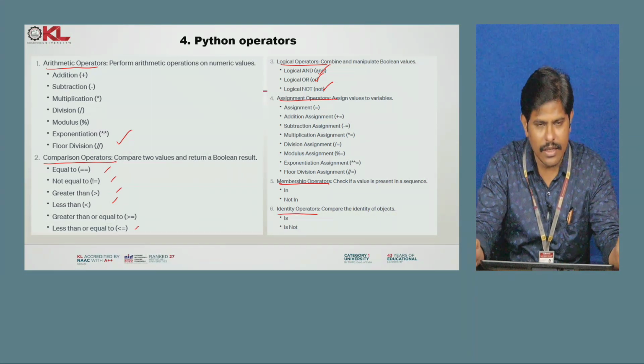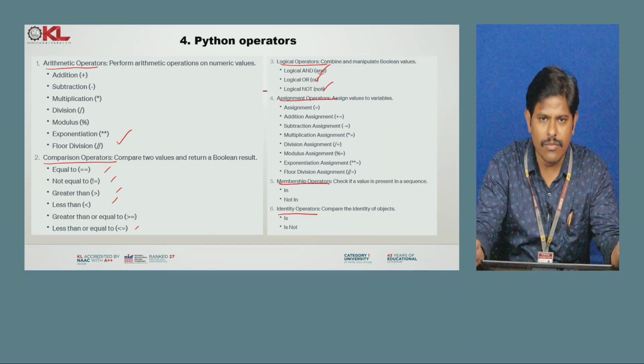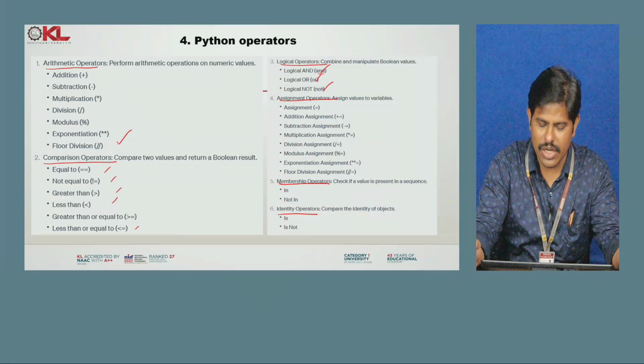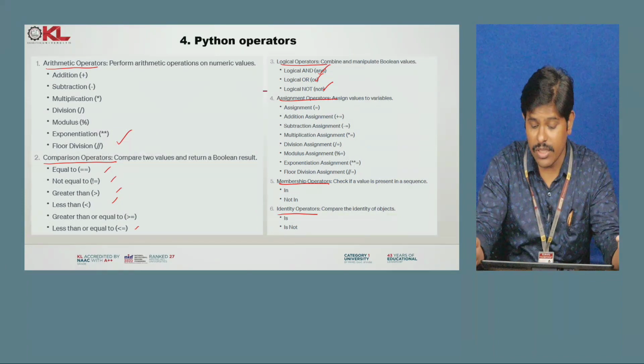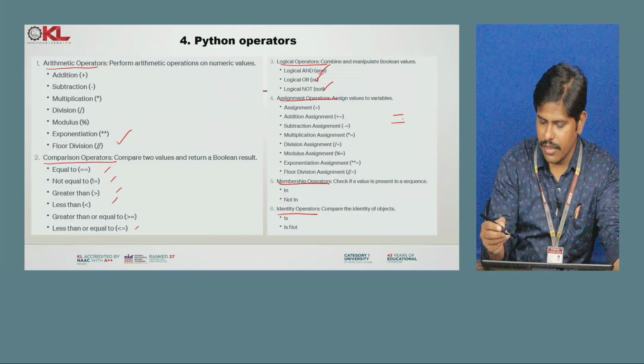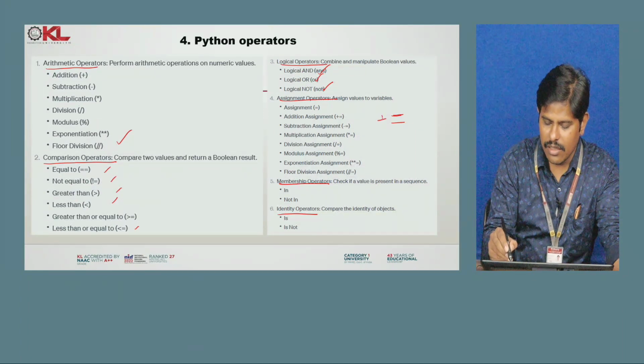So you can assign data to a variable, or you can assign a number to a new variable, or you can add a number to a previously existing number. You can do subtraction, multiplication, modulus assignments, so various assignment operators are there. One common thing is the equal to symbol, and before that equal to symbol, the other symbols might vary.